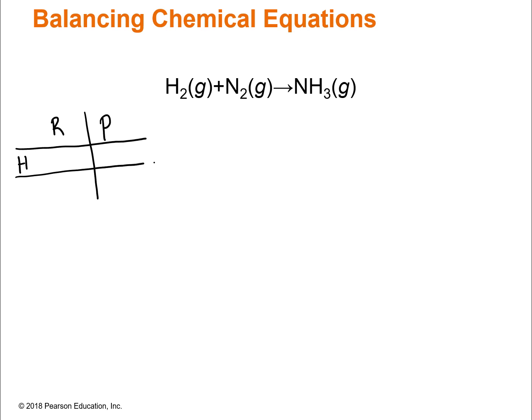There are only 2 atoms here, hydrogen and nitrogen. For each of these on the reactant side, there are 2. There's no coefficient here, but the subscript 2 tells us that we have 2 hydrogens and 2 nitrogens.